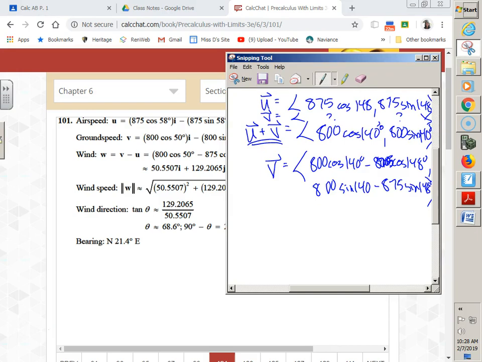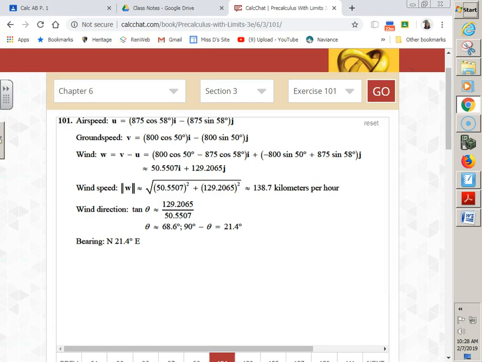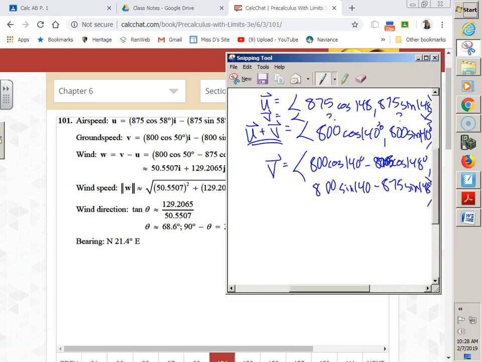And actually, do I still have the picture? I do. If you guys went looking at what was going on, the 68.6 would have put you, here we go, right here with the bearing. The problem was the plane was down here.